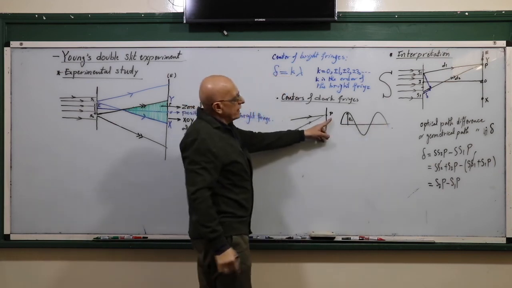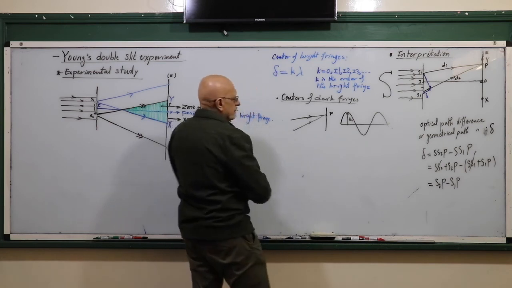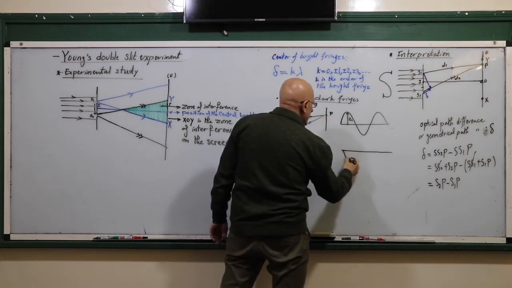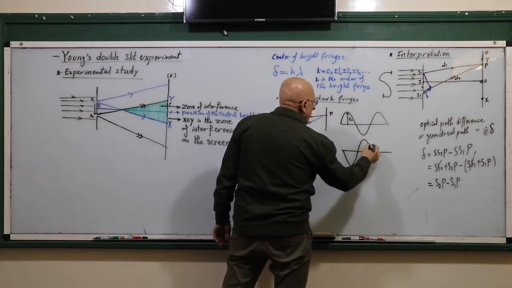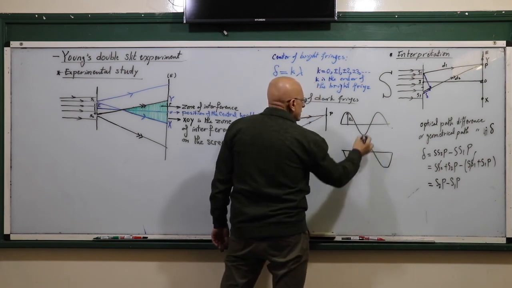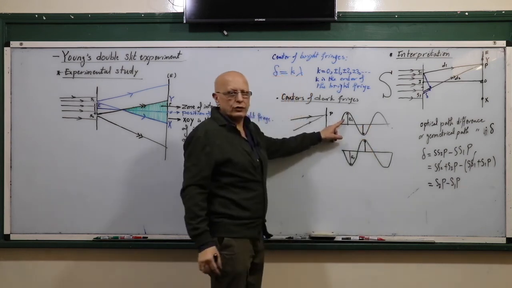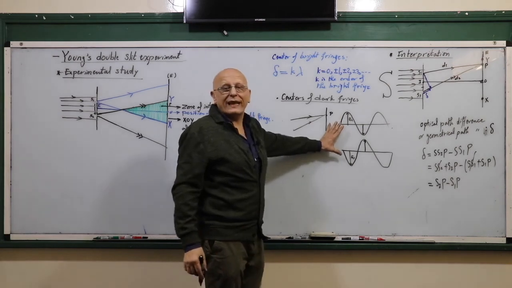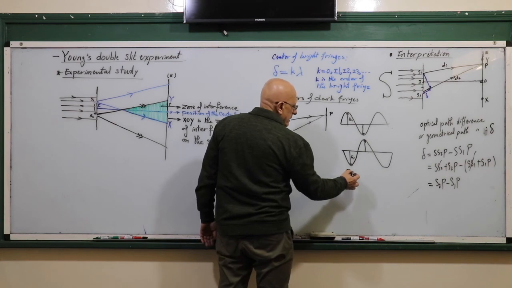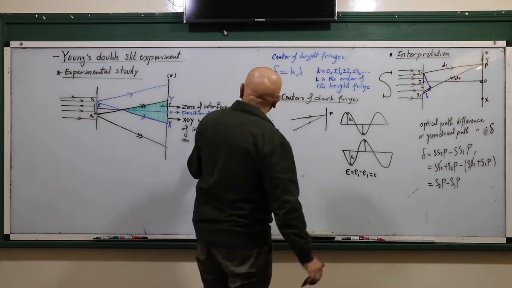From S2 the ray reaches P in this form, opposite to it, like this. This is E1. So what will happen here? As you see, the waves will cancel each other. Okay, you will get E equal E1 minus E1 gives you 0. So you get a dark fringe.